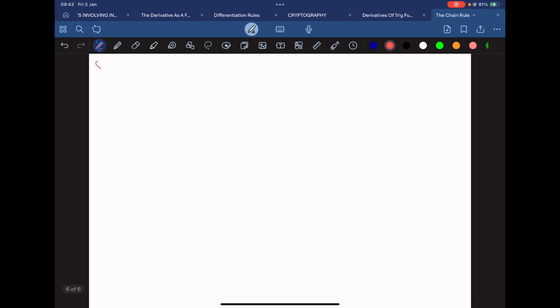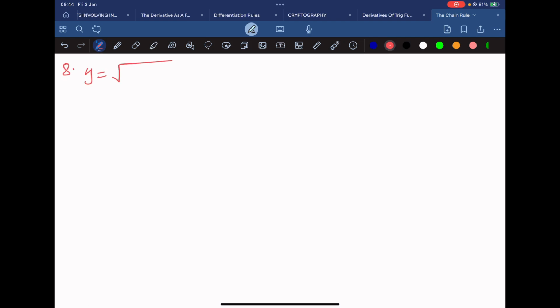For question 8, we have y is equal to the square root of 7 plus x sec x. So over here, we let our u be what is under the square root. So we have 7 plus x sec x.